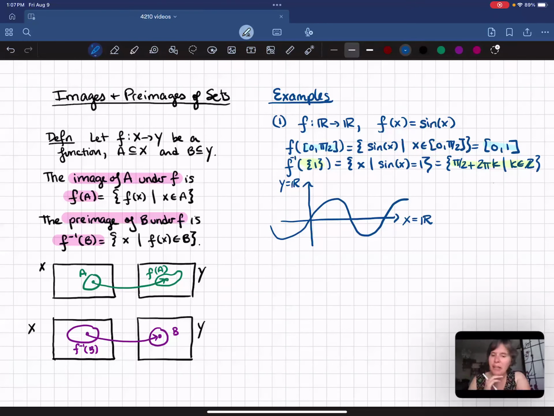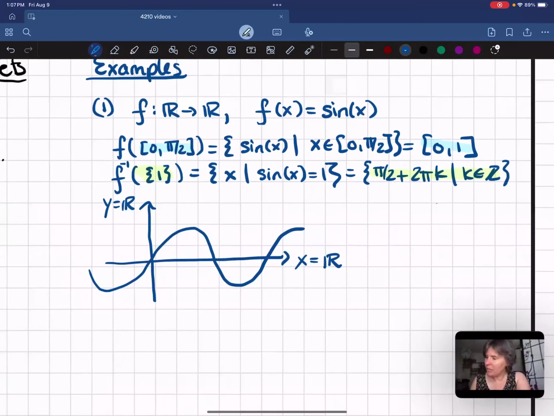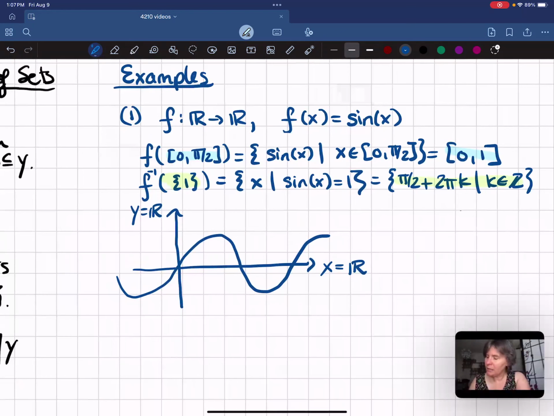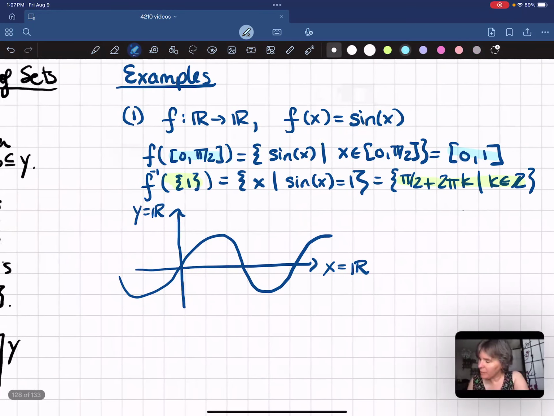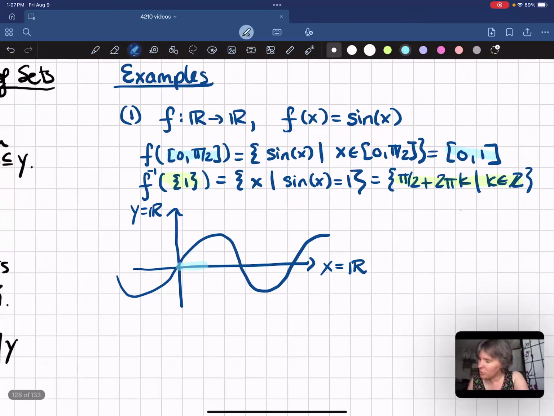And when I talk about the forward image of the closed interval 0 to pi over 2, I'm talking about this little stretch here in the domain from 0 to pi over 2.